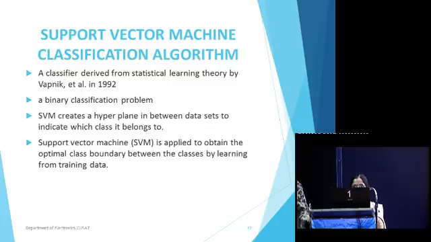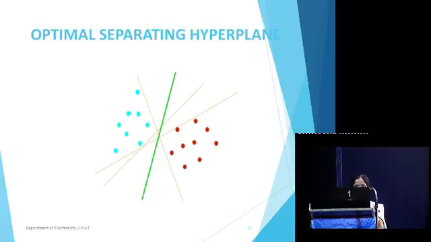SVM was introduced statistically in 1992, and it is a binary classification algorithm that classifies between two classes. In a sense, it creates a hyperplane between data sets to indicate which class a point belongs to. It is creating an optimum hyperplane. This shows two classes. Between these there can be any number of hyperplanes.